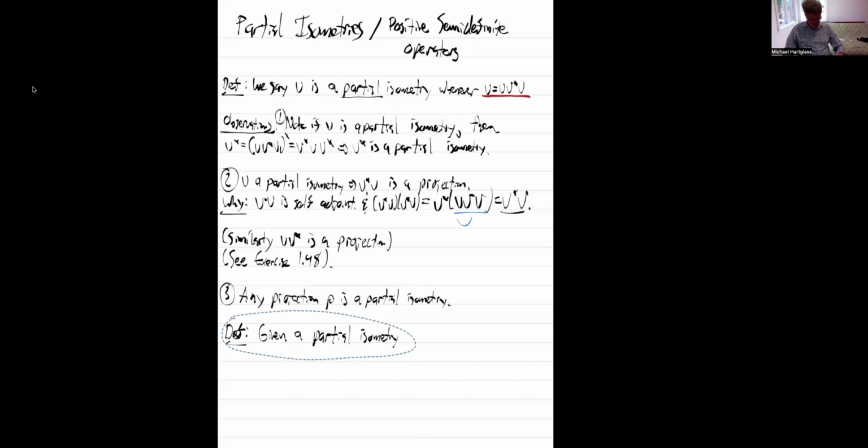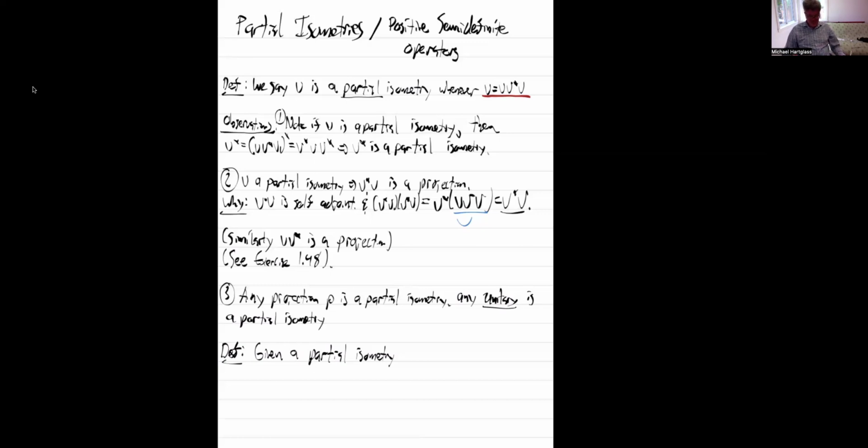I think I would be remiss at this point to not mention that any projection is a partial isometry, and also any unitary is a partial isometry. So remember, unitaries are ones where you start with U star U as the identity, which is going to be U U star. And in fact, I'll say a bit more about this in a bit, about why I included that example.